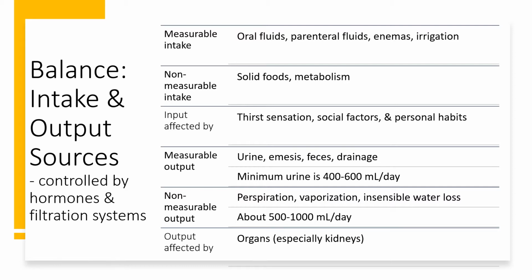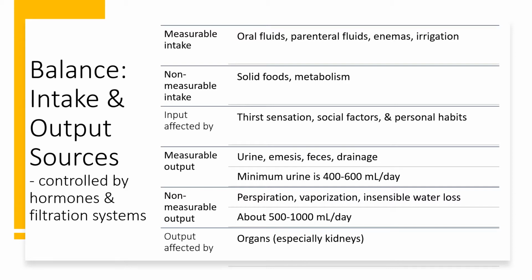So measurable intake is like oral fluids, parenteral fluids, enemas, and irrigation that may be happening. But non-measurable intake, like solid foods. So if we eat an apple, there's technically fluids that are in the apple, but we can't really measure the amount of fluid that we're getting from our foods, as well as with metabolism.